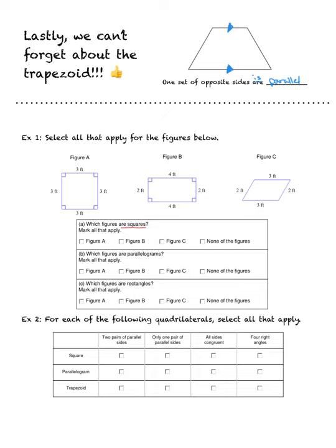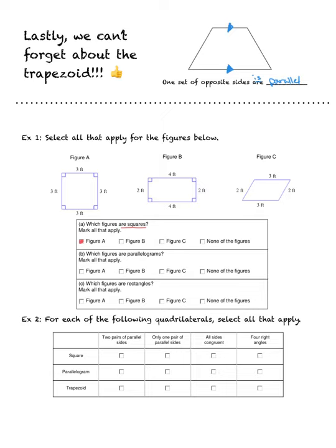Now a square has to have all four sides the same size and all four angles congruent. Well, only figure A has all four angles congruent. Figure C, nope. Figure B, nope. Figure B has all four angles congruent, but all four sides are not congruent. So only figure A fits that one.